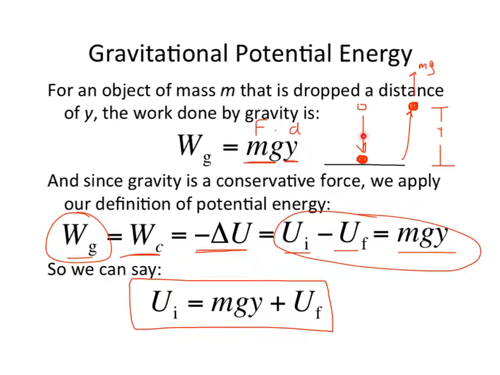It still has some final potential energy, but going from here to here represents that mgy, right? Gravity creating the force mg times this distance y right here. So this is our U initial, here's our U final, and this moving down is that mgy, the work that gravity does. Sorry that's so small in there, because I could have written it bigger at the bottom. But we're going to be illustrating this in some examples in just a little bit.